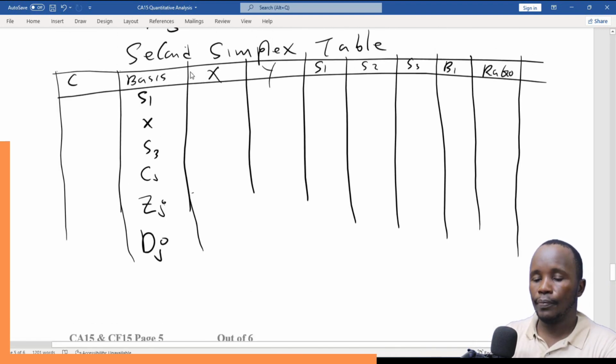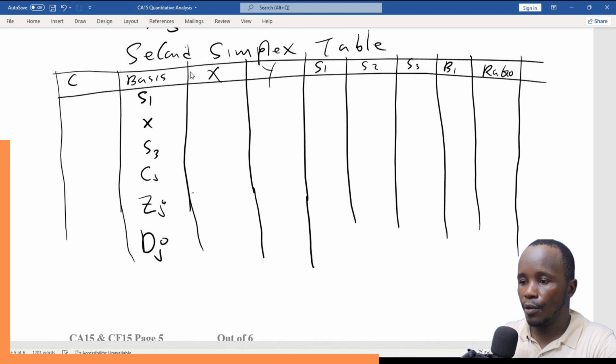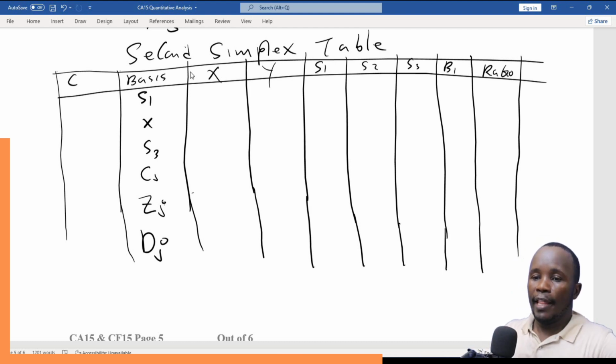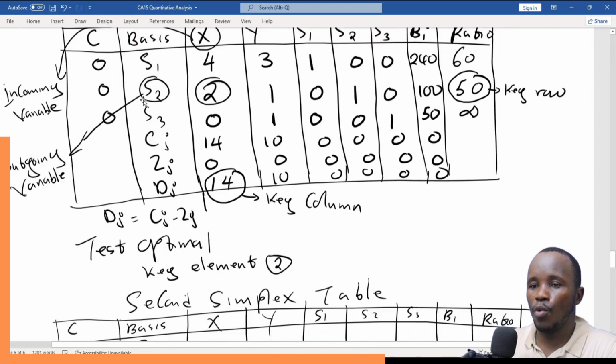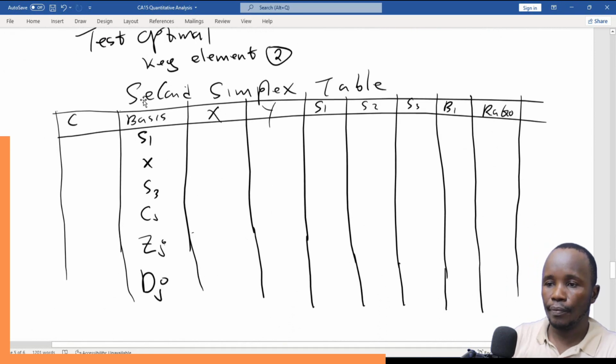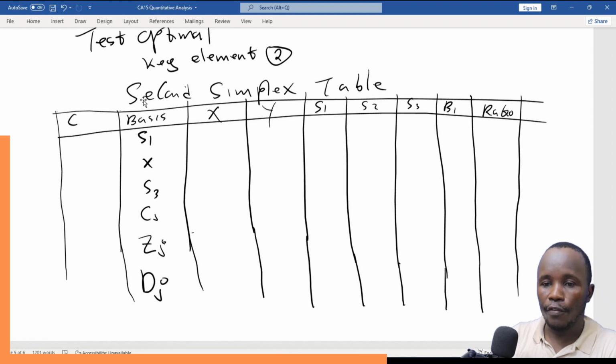Now, I hope up to that point we are together. I'm creating another table here. The coefficients: S1 will still be 0. The coefficient of S1 will still be 0.